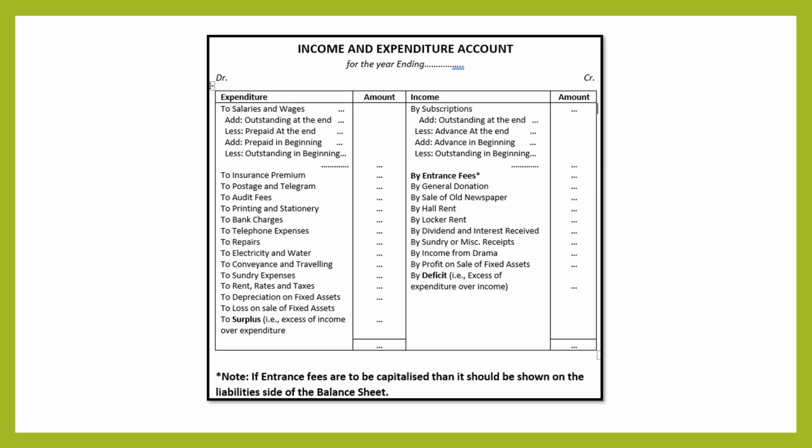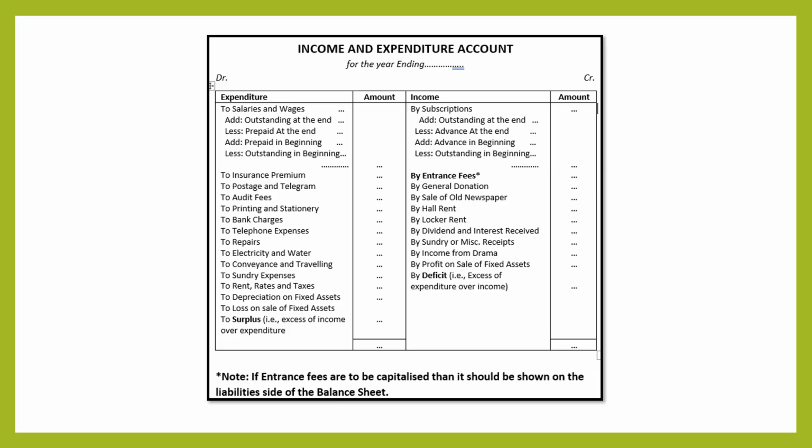Let's have a look at the steps to follow while preparing your income and expenditure account. What are the exclusions and inclusions? Let us discuss this. Exclude all the opening and closing balances of cash and bank in the receipts and payments account as they are balance sheet items. Exclude all capital receipts and capital payments.